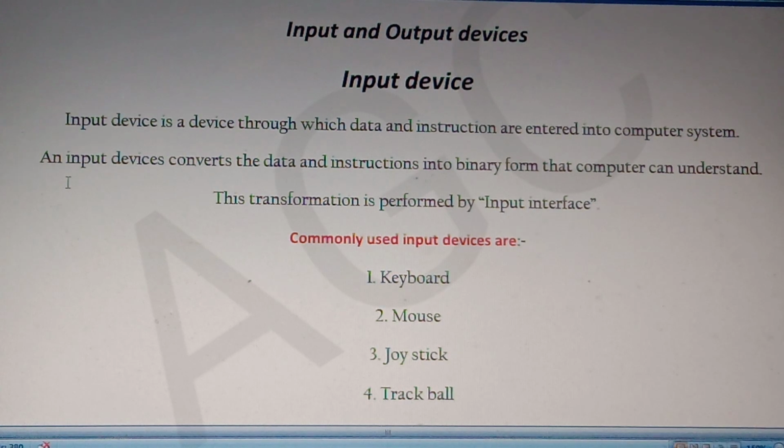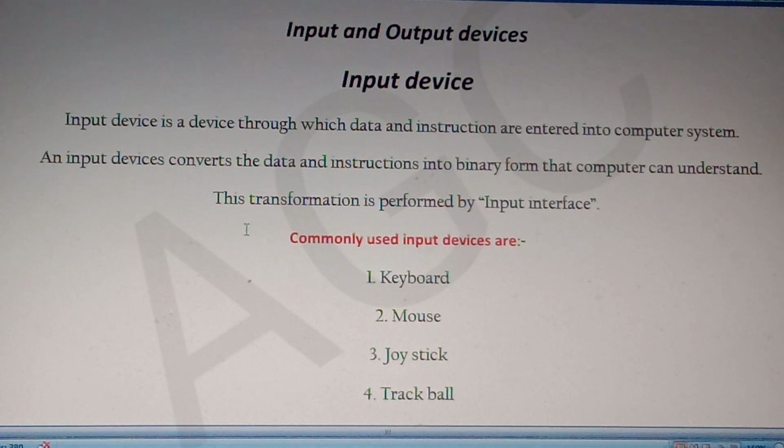Next one, an input device converts data and instructions into binary form, which is understandable by the computer. See here, friends, the user gives the input in user language, that is high level language, and that language is converted into binary language. That binary language will be understood by the computer.